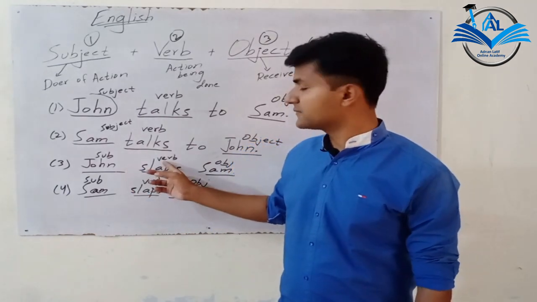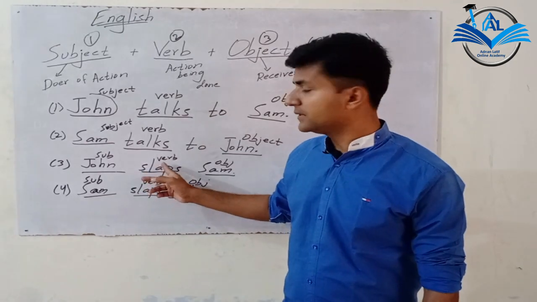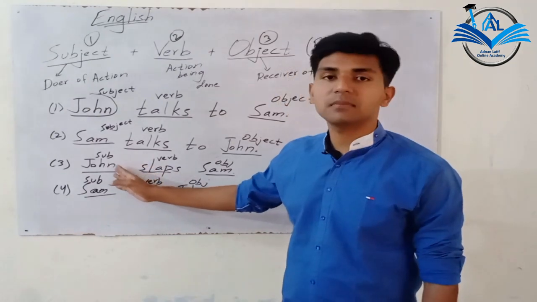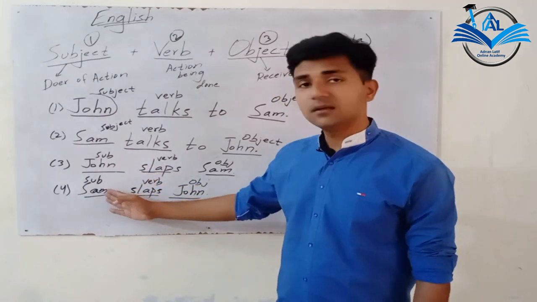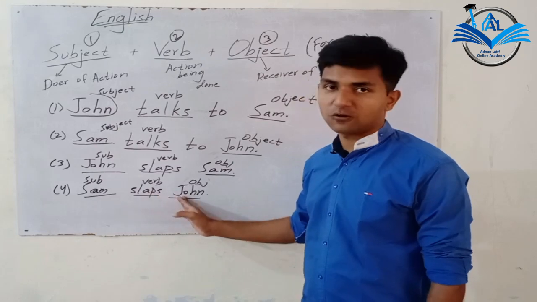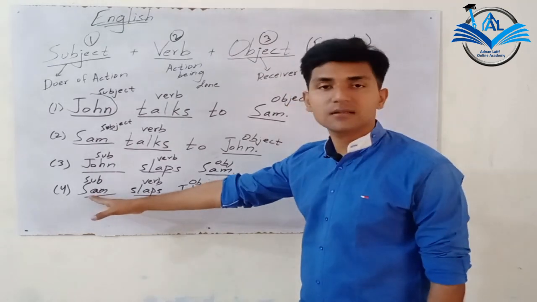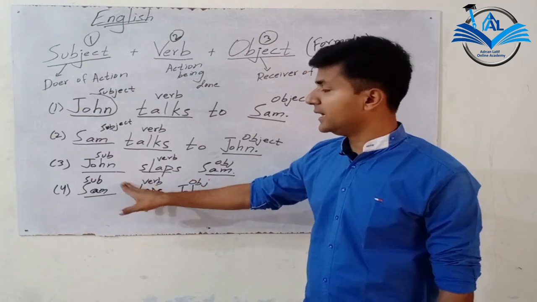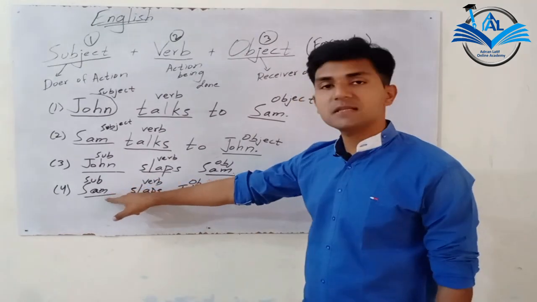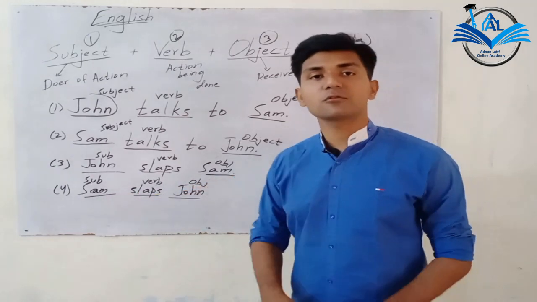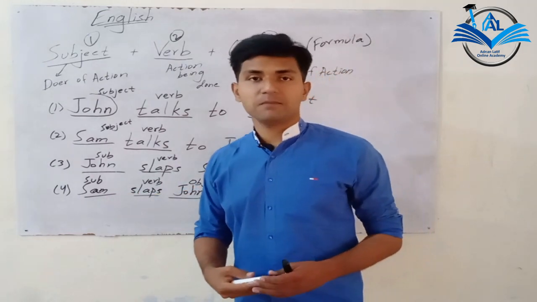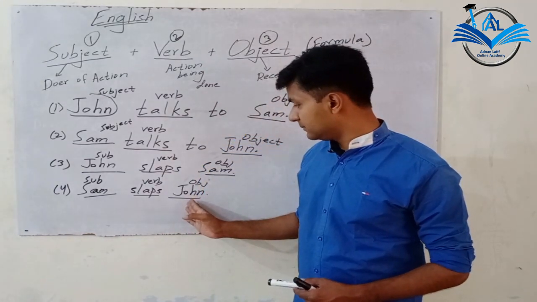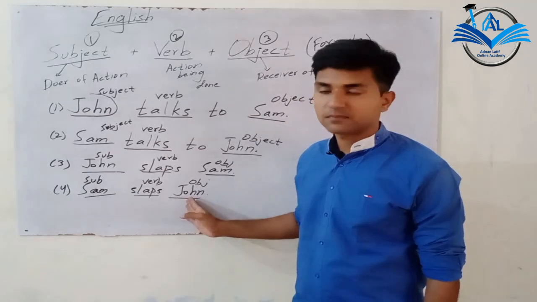So action is verb. So which is the verb here? Slaps. Slaps, it is the action done by John. Another example here, Sam slaps John. So we have found a difference that here Sam is subject because Sam slapped John, so John became object.